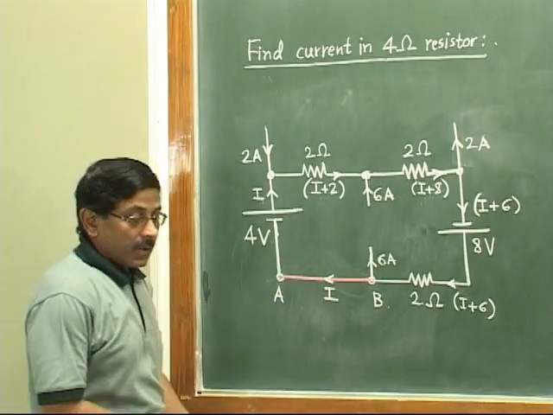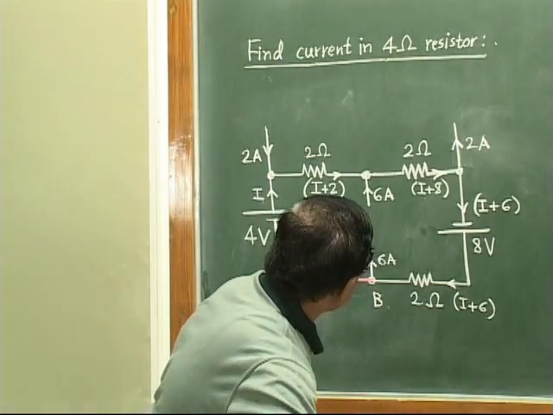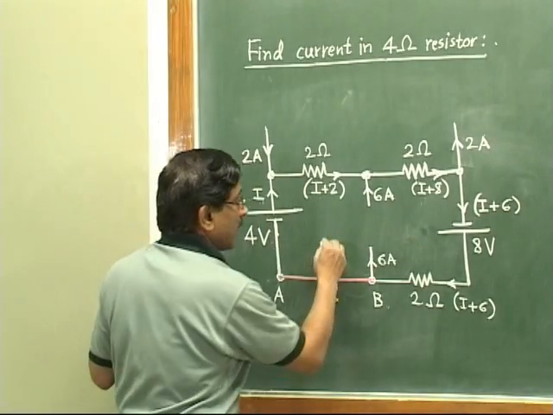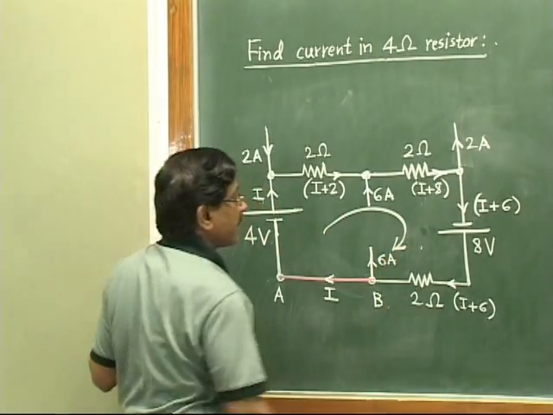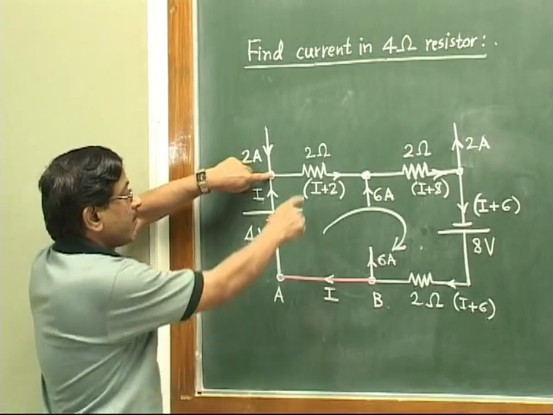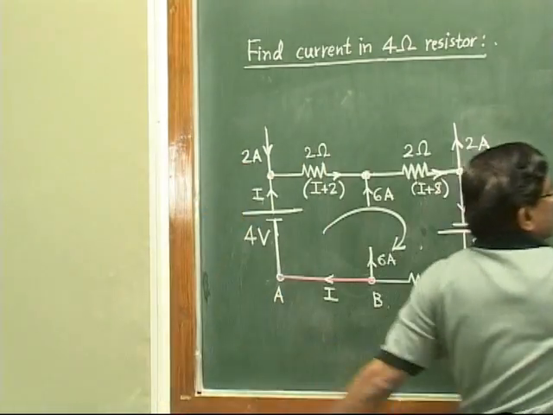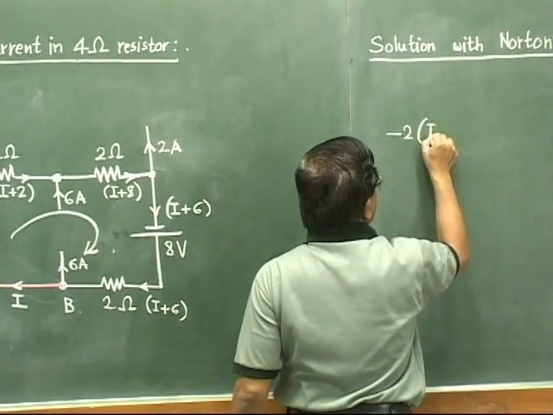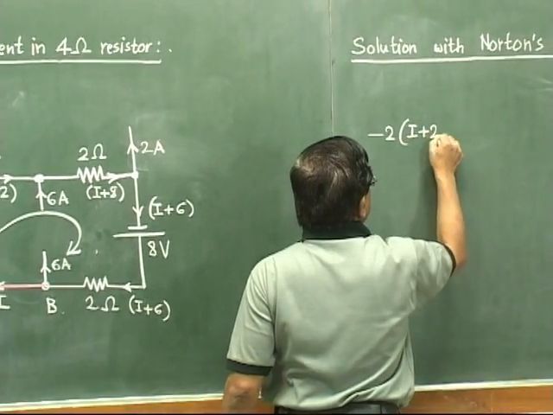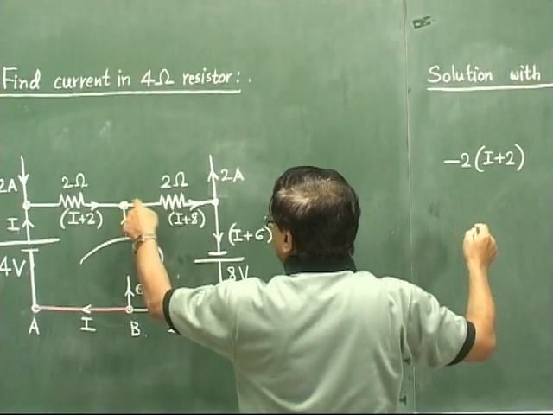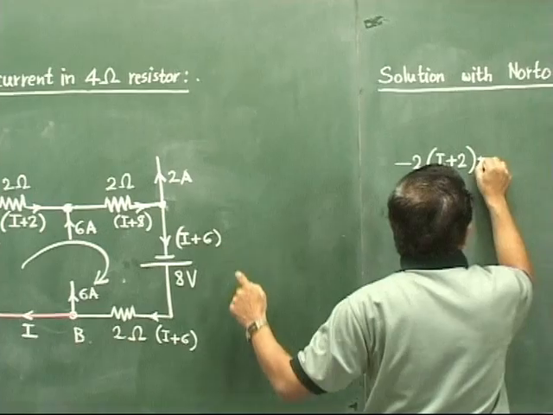Now one loop is there. So let us choose the loop. Only one single loop. So this would be the direction. Start from this point. It will be minus 2 times I plus 2. Then ahead it will be minus 2 times I plus 8.